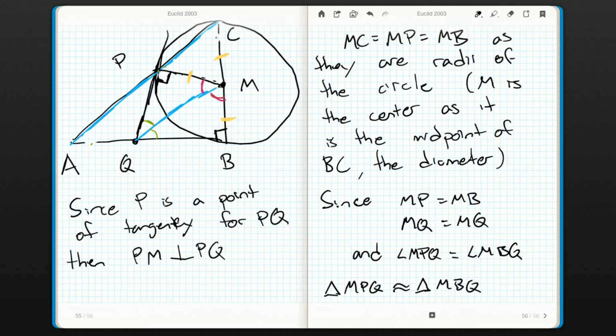But I can show that this angle's got to be the same as this red angle, because we'll include the point PB. Okay, so I'm actually going to have to redraw this picture to illustrate this over here.